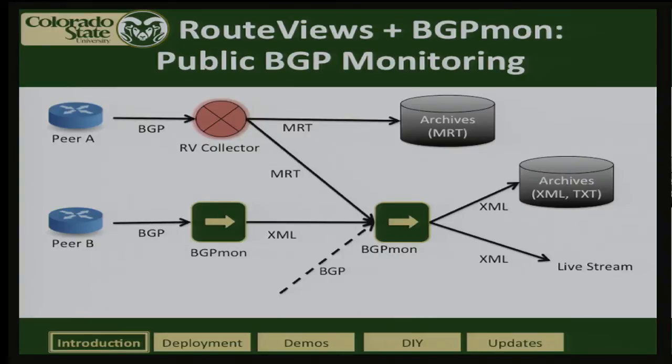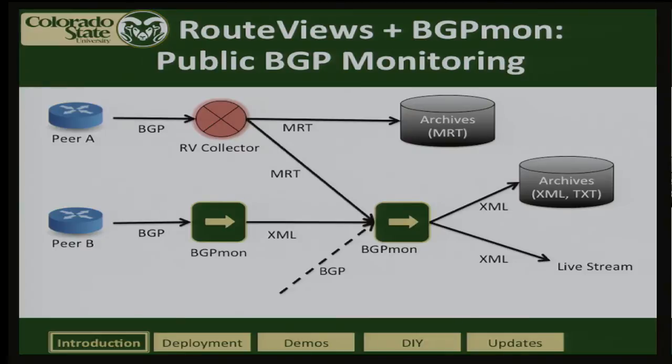Now, BGPmon can receive more than just MRT data as its input. BGPmon is capable of doing direct peering, so we speak BGP. It would be more accurate to say that we establish a connection and then we listen BGP, because we will not send any updates. We can also receive XML from another BGPmon instance.